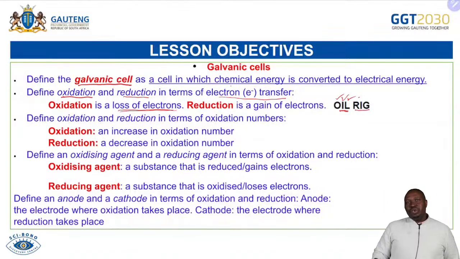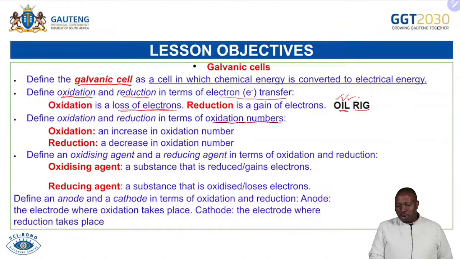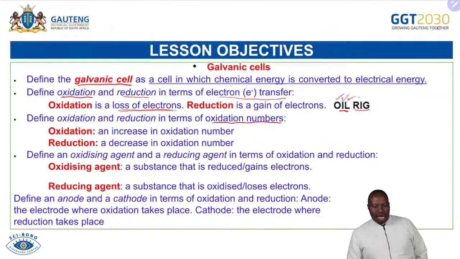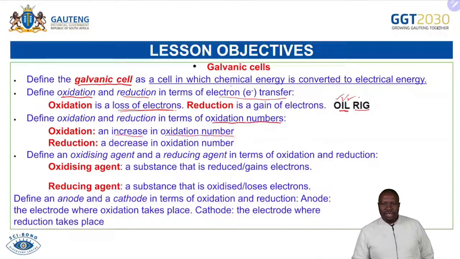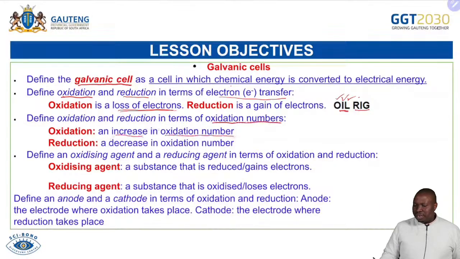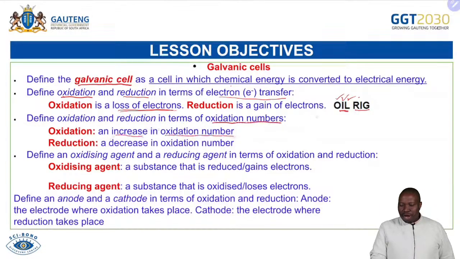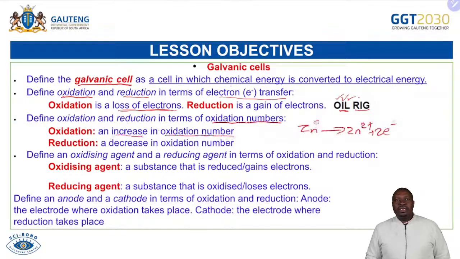And then in terms of oxidation numbers, you will say oxidation is an increase in oxidation number. I know you know oxidation numbers, which you have done in grade 11 as well. For example, if you have zinc forming zinc 2 plus, because it has lost 2 electrons, you will see that the zinc oxidation number was 0, and then the oxidation number becomes 2.